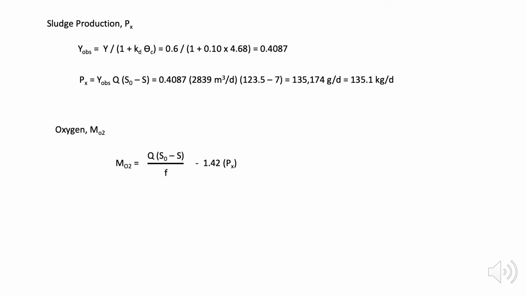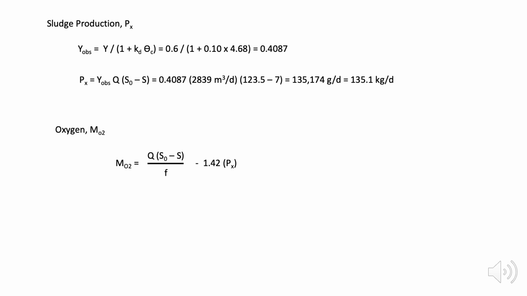So the demand for oxygen the system has is the amount of BOD that's used up minus 1.42 times the amount of solids that are created and that I waste. Okay, remember that 1.42 says that every 1 gram of cells that I waste would have required 1.42 grams of oxygen to be put in the system. But since I wasted them, I didn't have to.